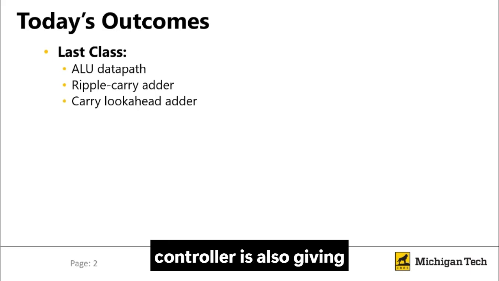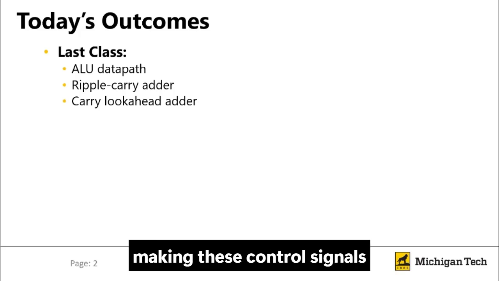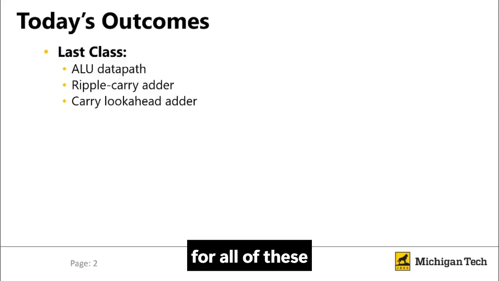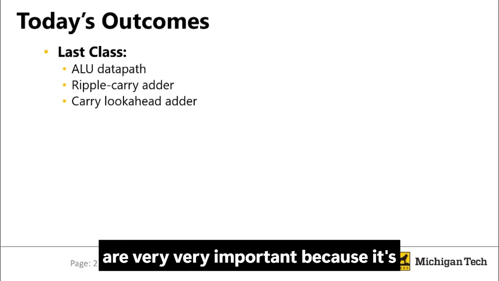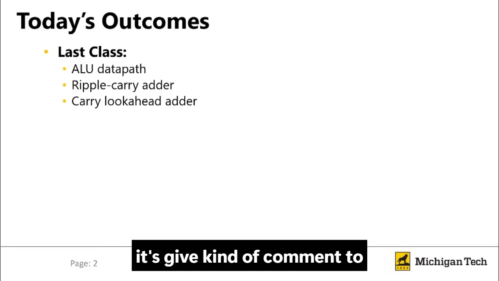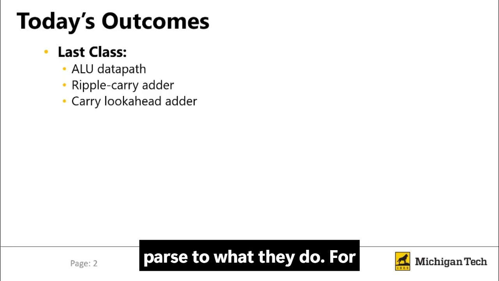And of course, controller is also making these control signals for all of these parts. And these control signals are very, very important because it gives kind of command to parts to what they do. For example, ALU can do so many things.